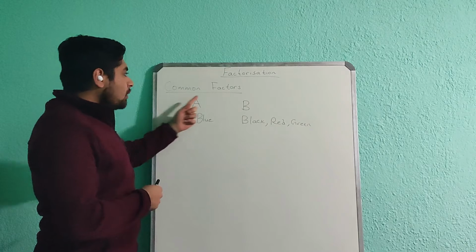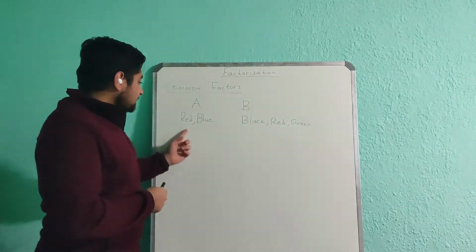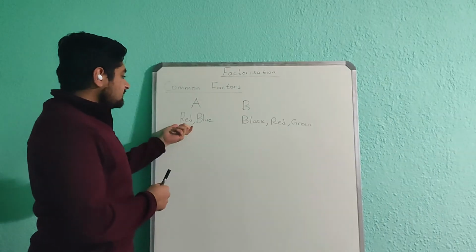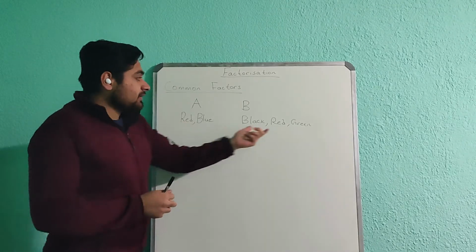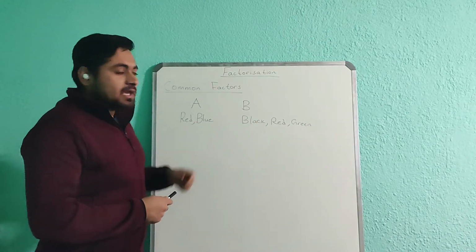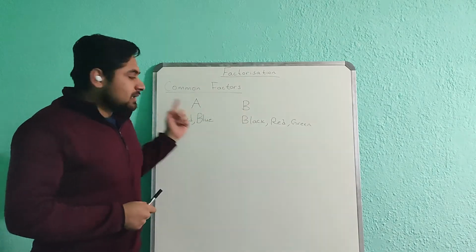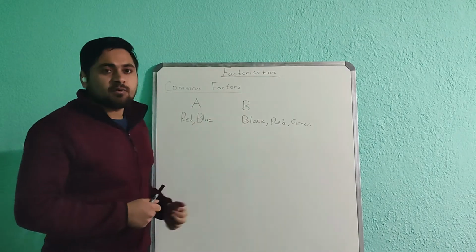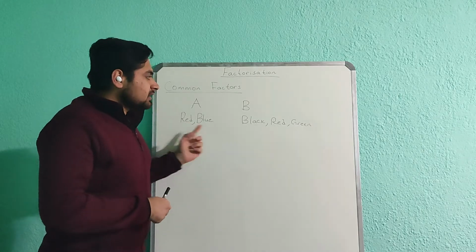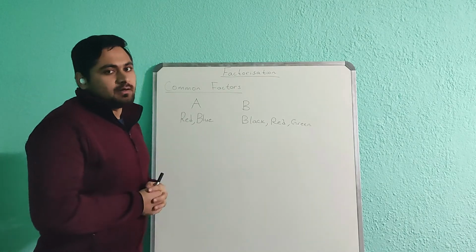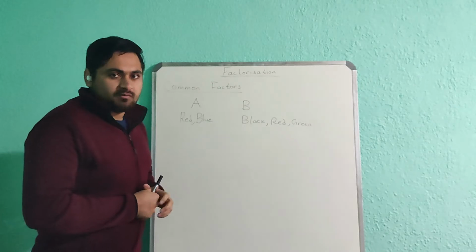So we can say our common factor between these two is red. Why? Because red appears in person A and red appears in person B as well. So A also likes red and B also likes red. So it means the common term between these two is red. Therefore we can say our common factor in this case is the red color. So you can see what I mean by common factor, right?